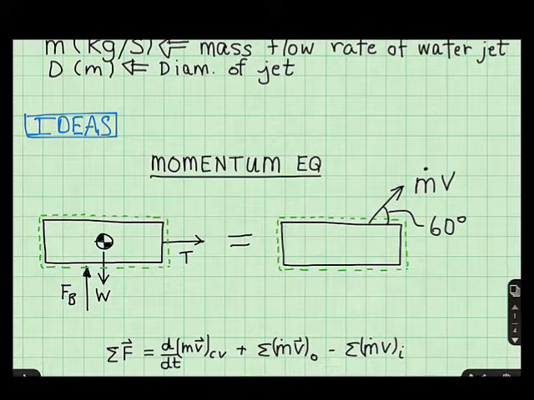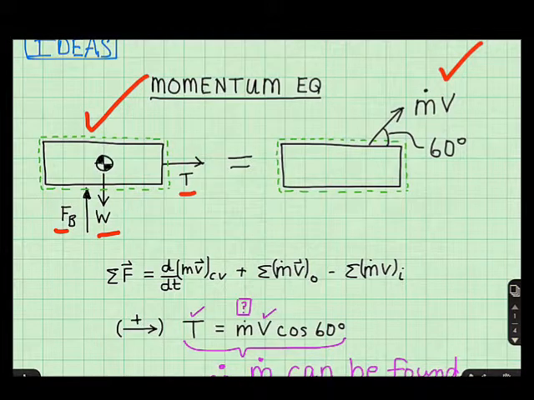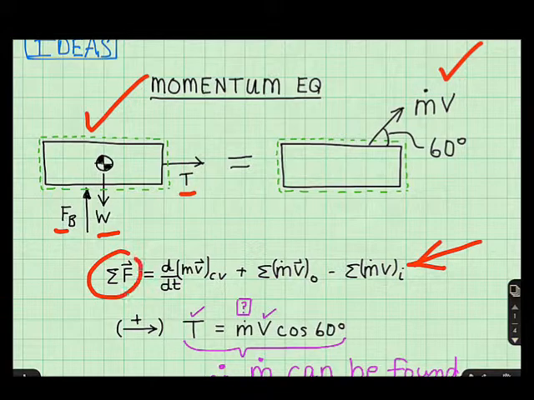So on my force diagram right here, I see the three forces: the buoyant force, the weight, and the tension of the cable, and I see the outward momentum flow like this. Here I've written the general form of the momentum equation, and the sum of forces physically represents these three forces that I've shown up here. So here, here, and here.